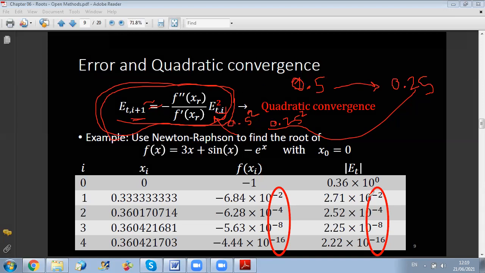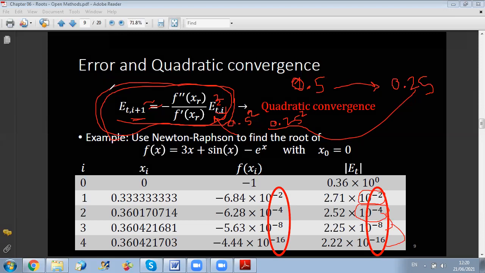Notice the coefficient here: if I have an error at a certain iteration of 10 to the minus 2, next time it will be of the order 10 to the minus 4, because you are putting it and squaring it. Then it becomes 10 to the minus 8, then 10 to the minus 16. So once it starts to decrease, it will continue to decrease in a very fast way. This is why we say in the Newton-Raphson method the convergence behavior is quadratic.